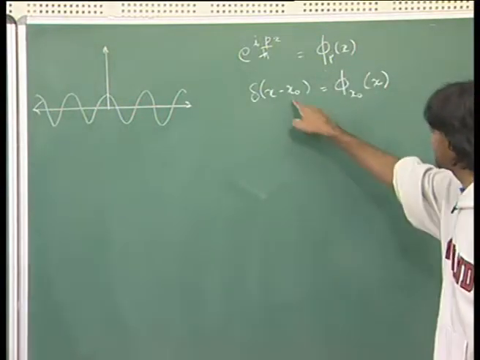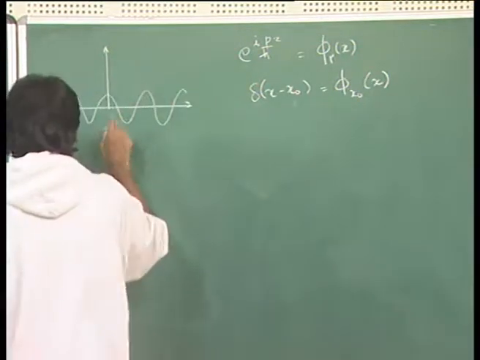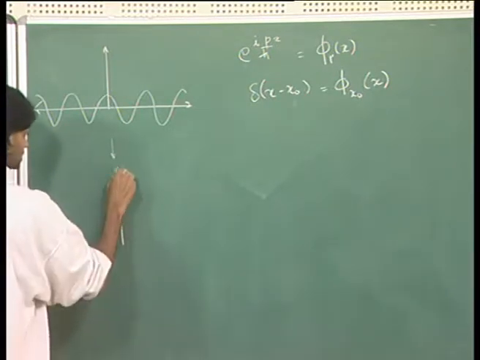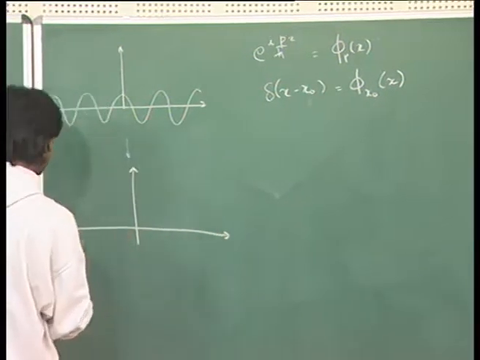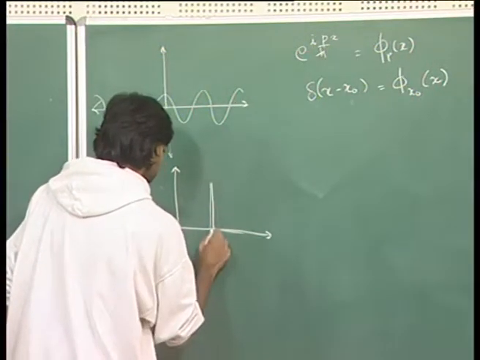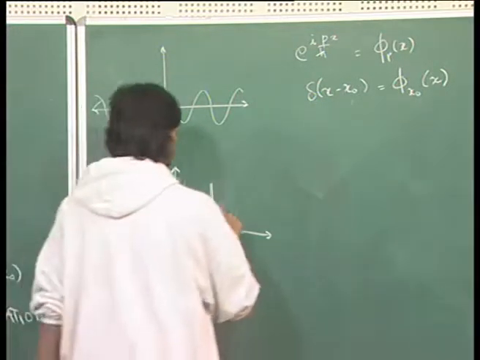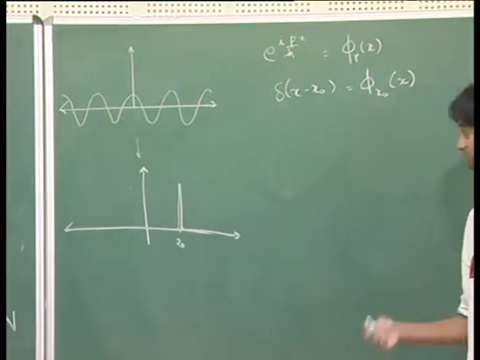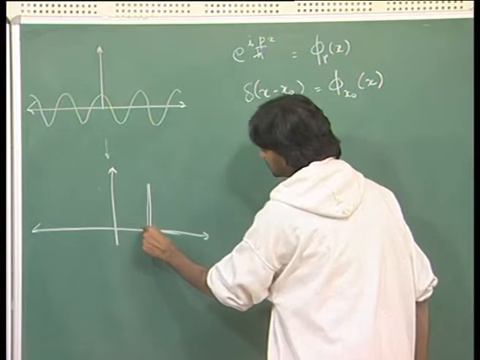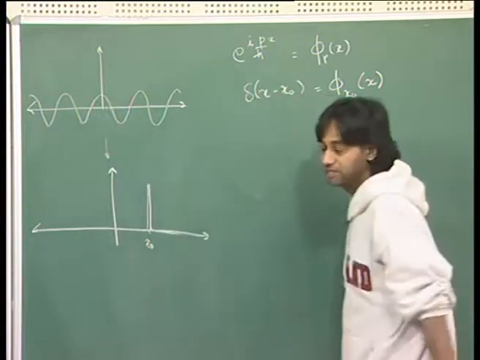On the other hand, if you have a definite value of position, then what you do is the Fourier transform. A definite value of position will look like this. So, this is x0. Okay. So, this is a wave function that has a definite value of position. Okay. So, what you can show is that if you want to write this in terms of the momentum basis, you have to write this in terms of infinitely many momenta.